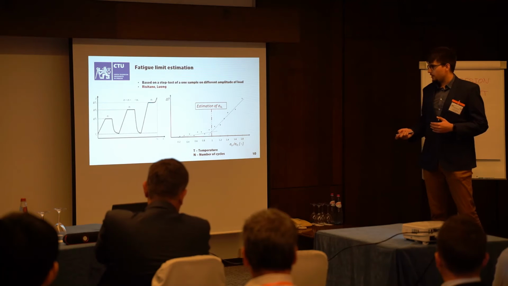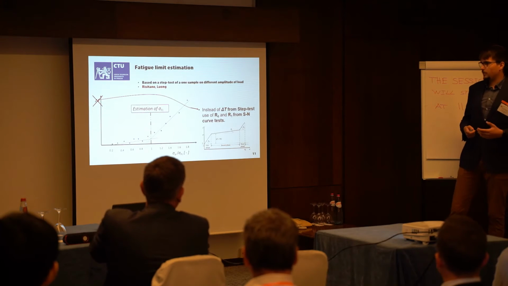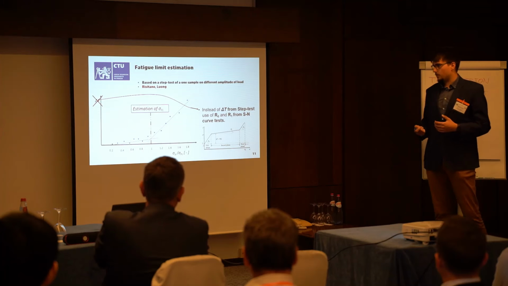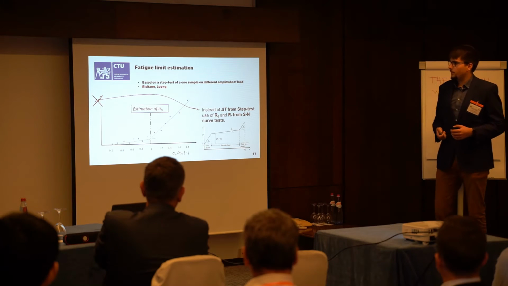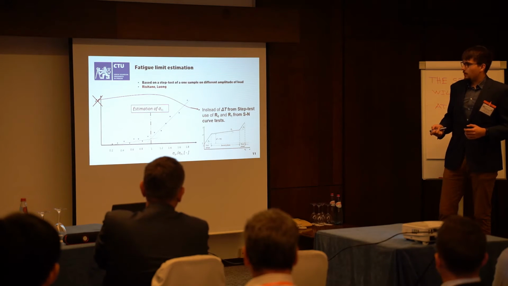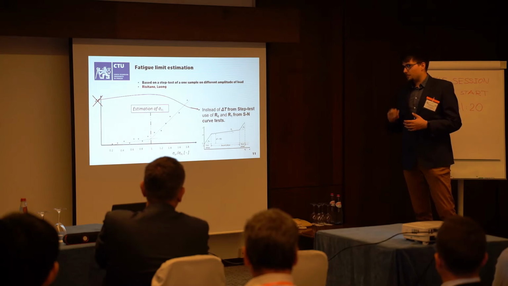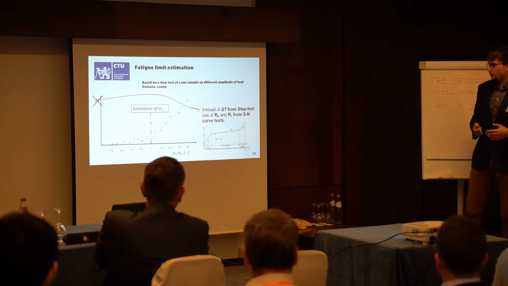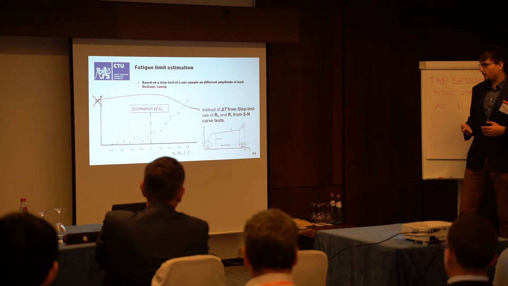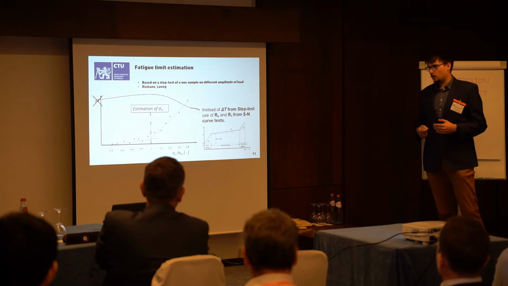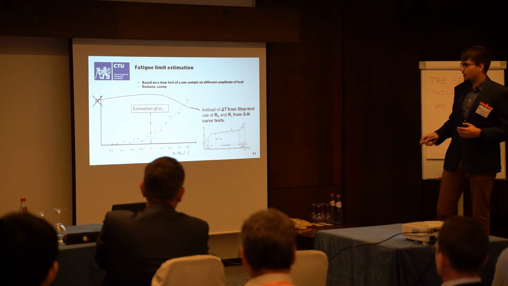But in this case, we are not able to use this method anyway because there is no stabilization, and also this method requires a quite differently behaving material. So we were trying to use the initial incline and the secondary incline from the whole test, as you can see here, from the whole lifespan.